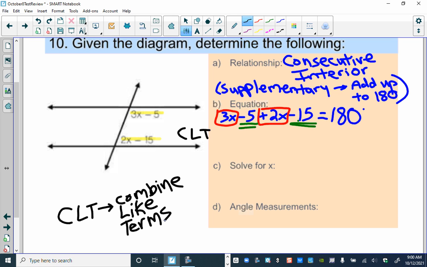3x and 2x. Combine them. How many x's do we have altogether? So let's pretend 3x is here.